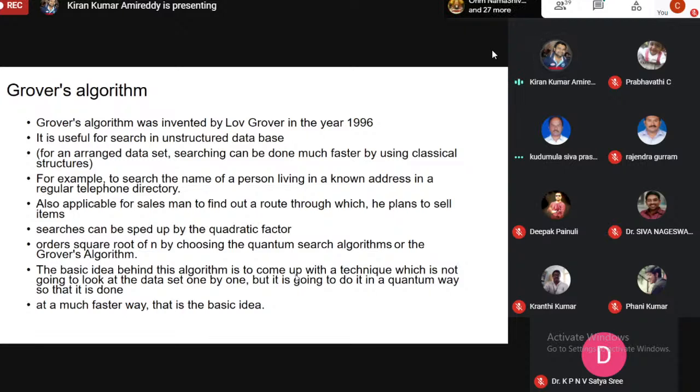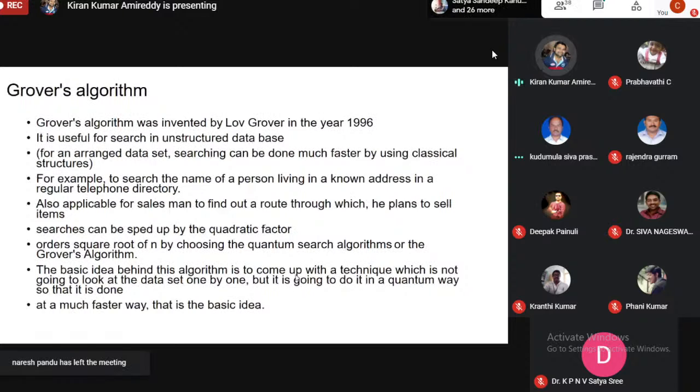In that way we can at least minimize the time, but it is only possible for arranged or structured data. If it is randomized data, it's very difficult to execute this program.